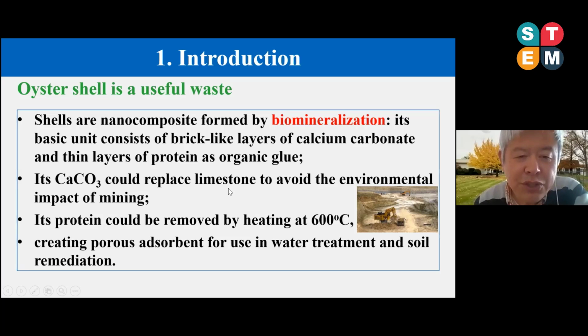But for oyster shell, because of its nanostructure of calcium carbonate with protein, and as protein is a soft material, you can relatively easily destroy it. So for example, by heating to 600 Celsius degrees, the protein will be gone, creating a lot of micro space, and making a final product, which is actually calcium oxide, a porous material with adsorption properties.